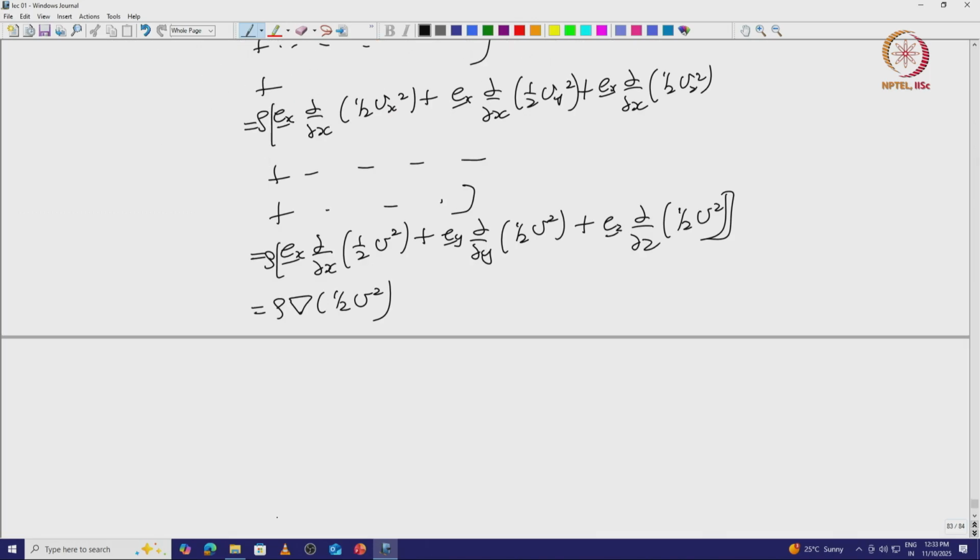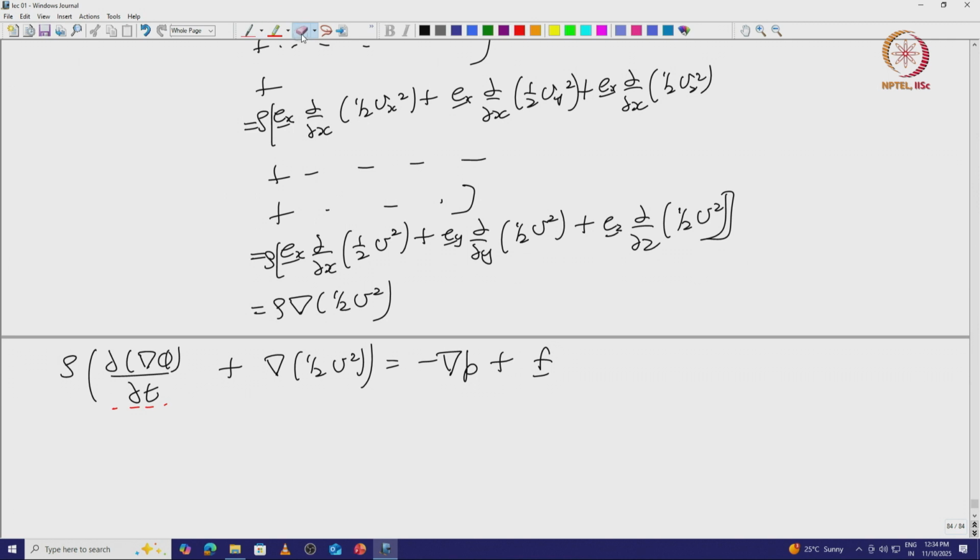Therefore, my momentum conservation equation becomes rho into partial of grad phi by partial t plus grad of half V square is equal to minus grad P plus F. In this first term here, I can interchange the order of differentiation because time and position are two independent variables.